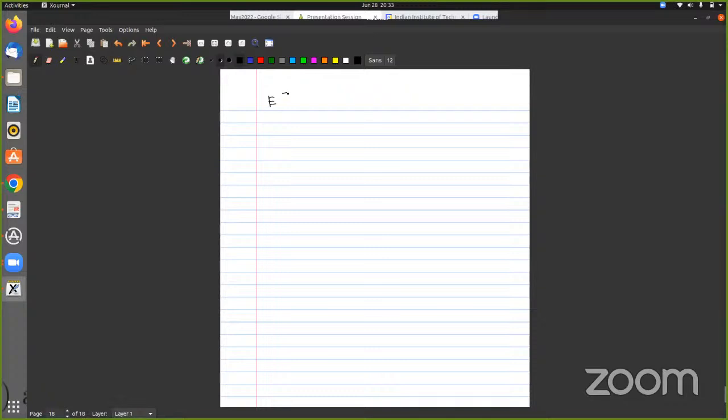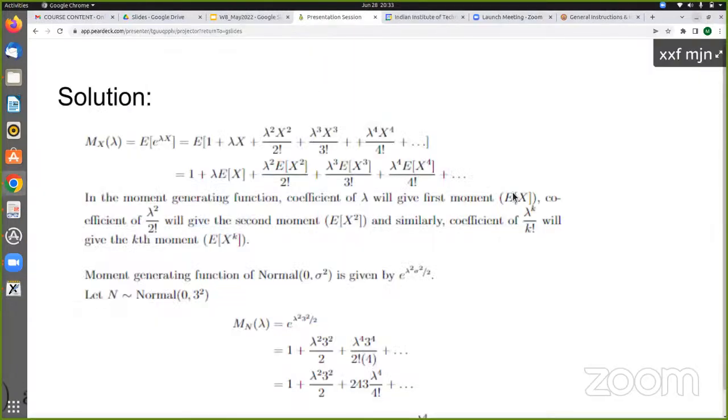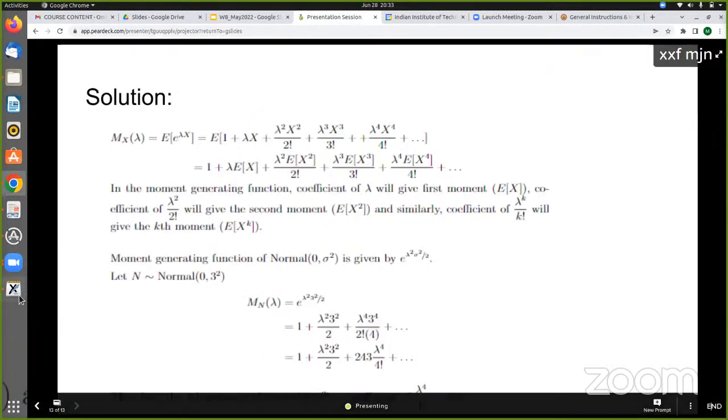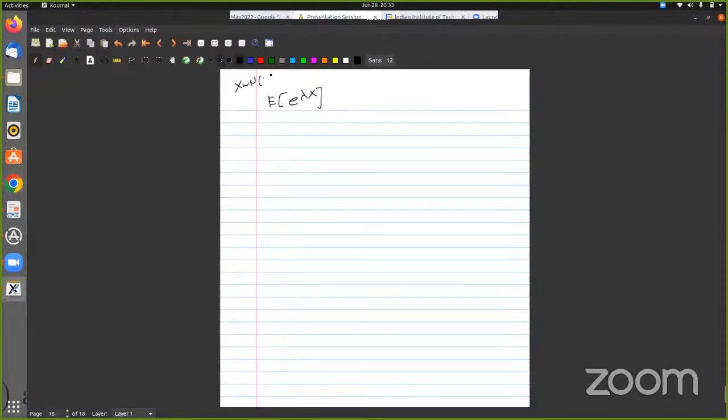So let's say x is my normal with variance 9, that is 3 square. So the MGF of this variable is the expectation of e to the power lambda x.